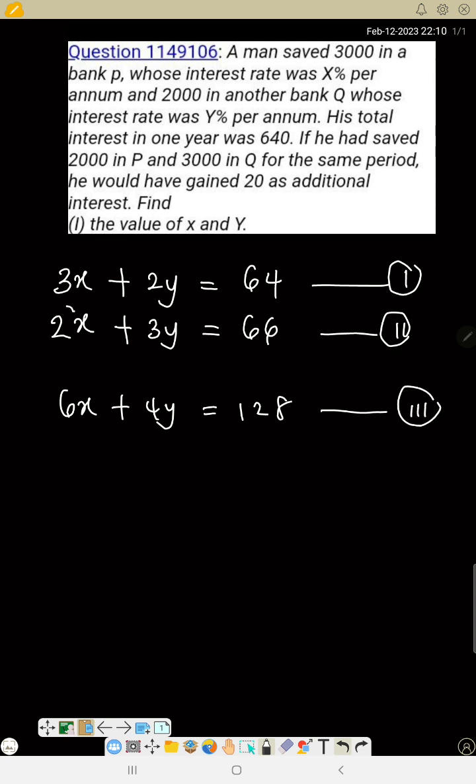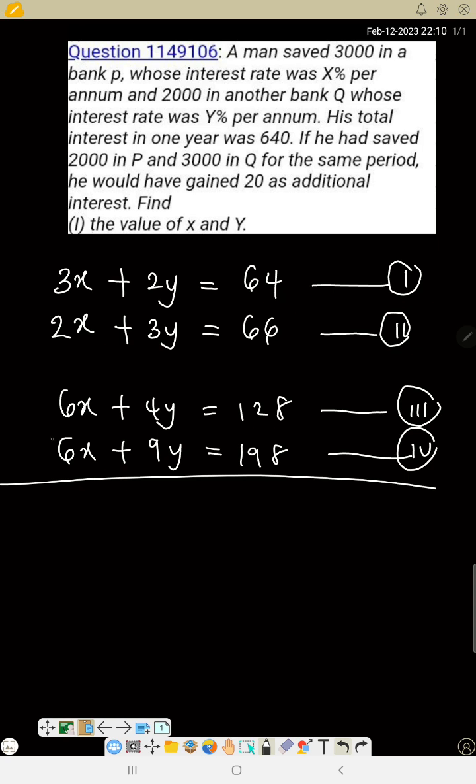So multiply equation 2 by 3. This is the elimination method. 3 times 2, 6x, plus 3 times 3, 9y. So that will be 6x plus 9y is equal to 66 times 3. That is 198. So that is equation 4.